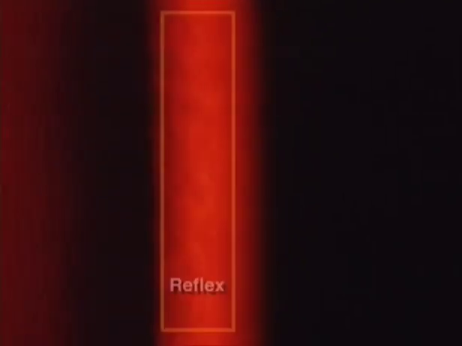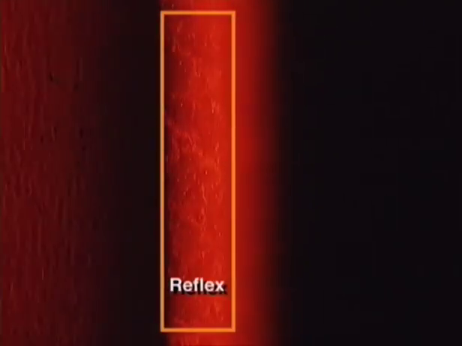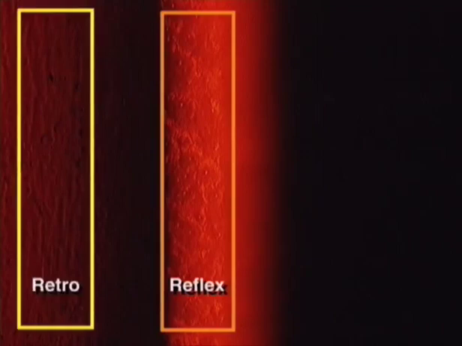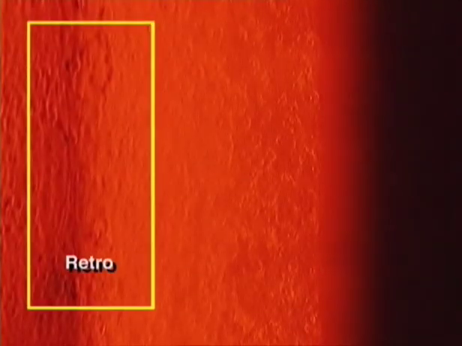A combined view is shown here, with the specular reflexes in the centre and a field in retroillumination on the left. And here, the anterior striate pattern on the left is combined with the posterior drusen on the right.